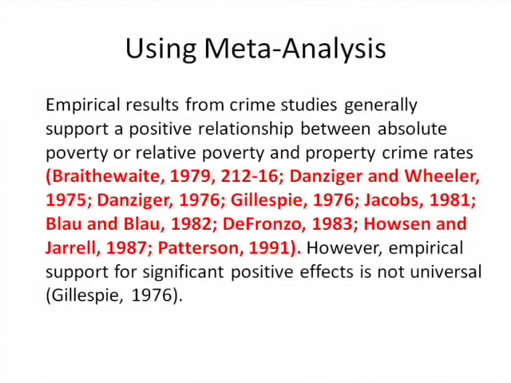They've all done empirical studies, and the conclusion is that there is a positive relationship between absolute poverty and property crime rates. Okay? So when you ask how much literature should I have, if all of these people have done the same or similar studies and they've drawn the same conclusion, this is how you cite it.